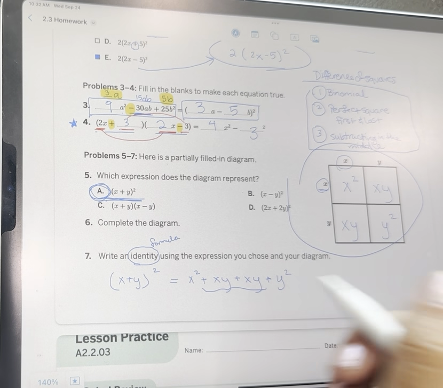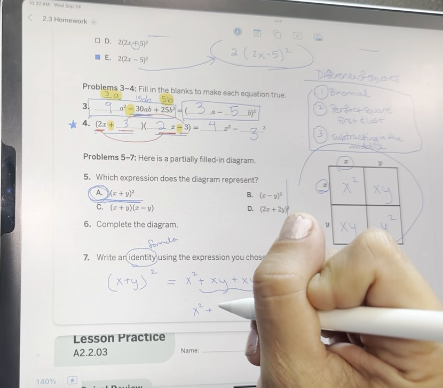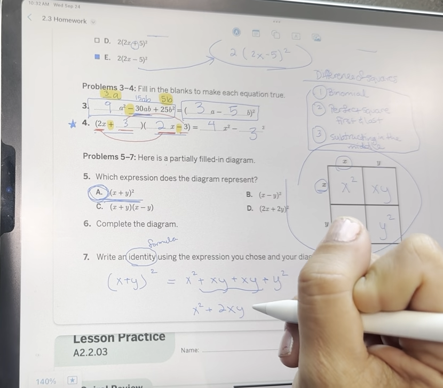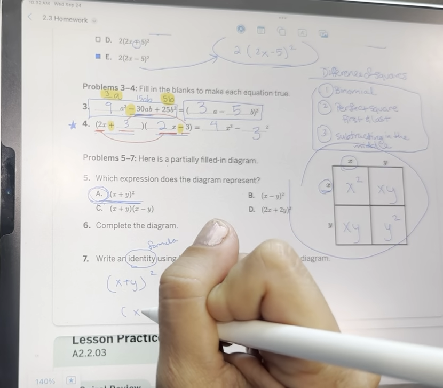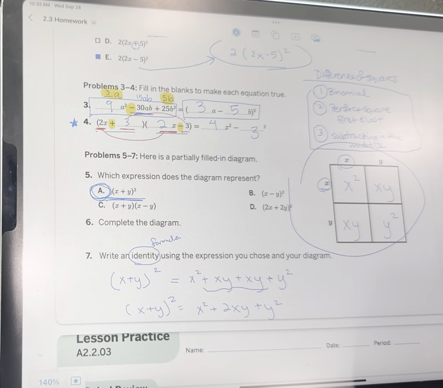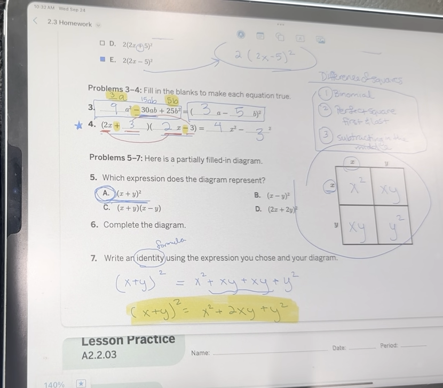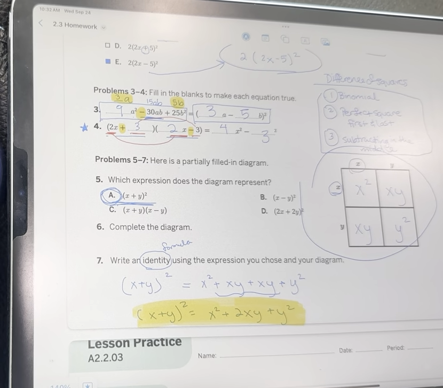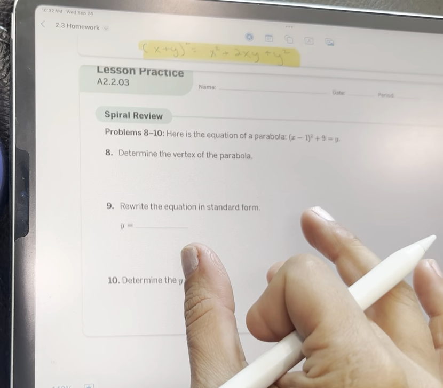And then xy plus xy, I will simplify. That's 2xy plus y squared. This is the identity. So it's essentially a formula that you can use rather than distributing. Okay, let's keep going.